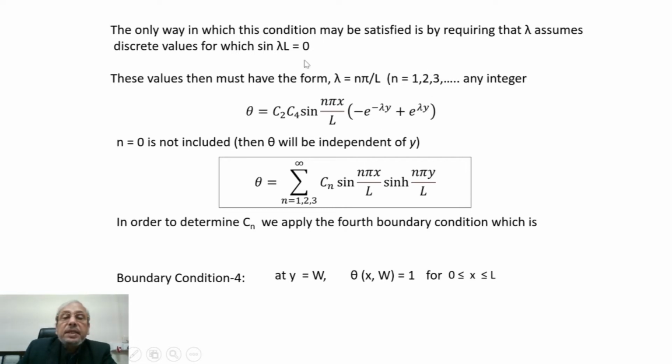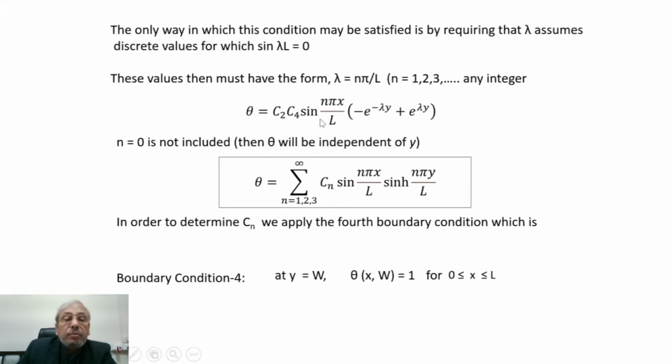Now you can see n equal to 0 also satisfies this condition, but we will exclude it, because then theta will be independent of y. If n equal to 0, lambda equal to 0, we will get rid of this part.